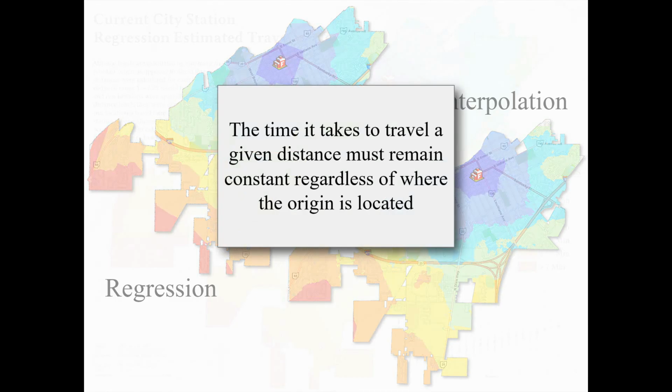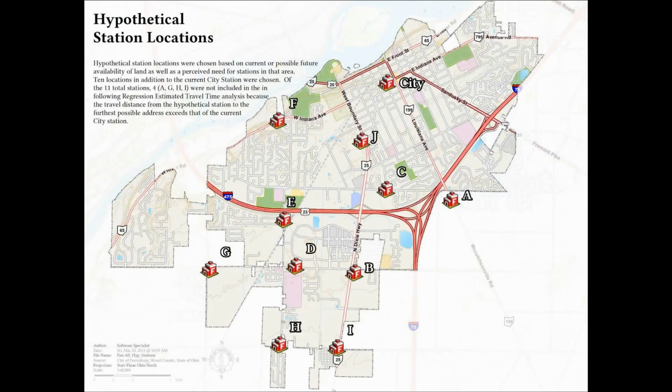And so now we have some caveats, some assumptions, which is okay. Any modeling you do, you're going to have assumptions. But now we have all of these hypothetical locations where a fire station could exist.